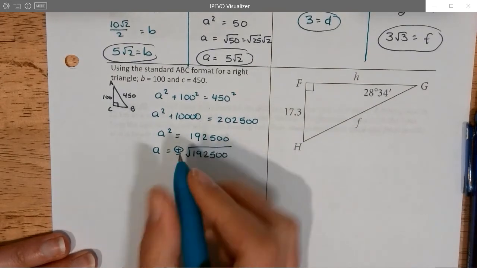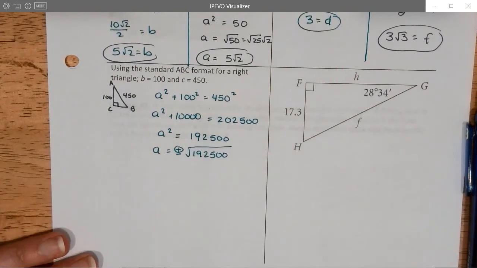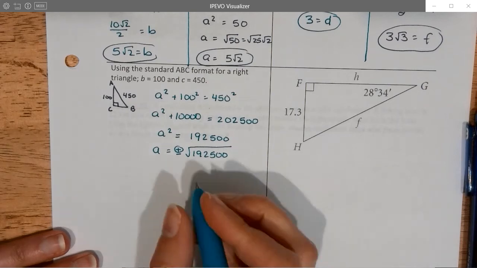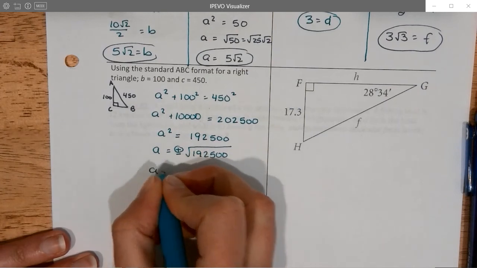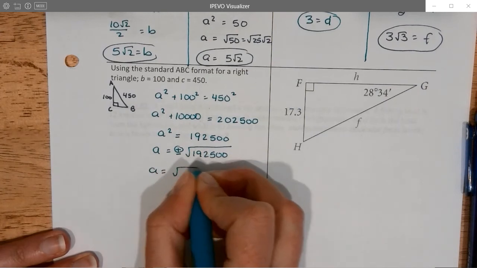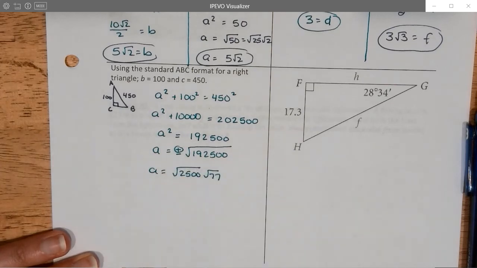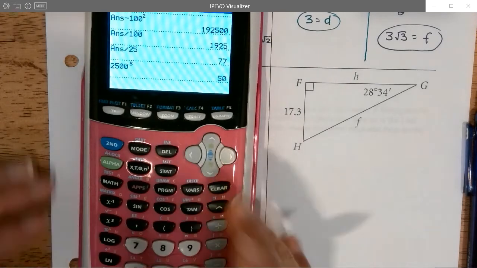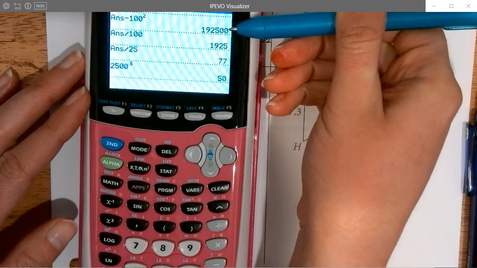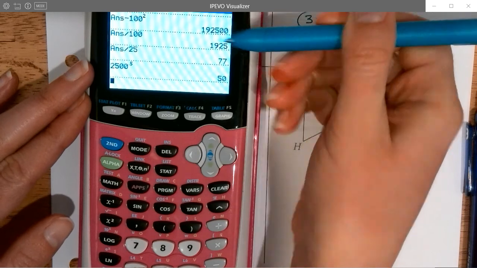Alright, I need to separate that and get it simplified. The first thing I know is you can certainly divide it by 100, which is a perfect square, but let's see if you can divide it by anything more. Yeah, it looks like 2,500 goes into it, and 2,500 will have a perfect square root of 50. So I'm going to separate that into the square root of 2,500 and 77. Again, on my calculator, to figure out that this was going to work, I knew I could divide it by 100, and then I checked the remainder to see if I could divide it by 25.